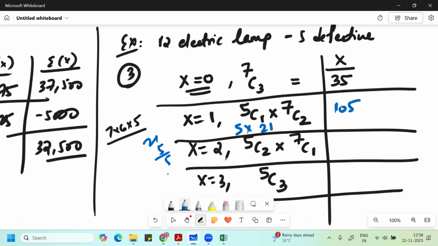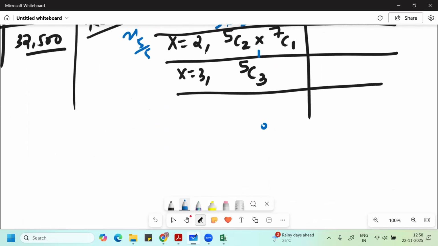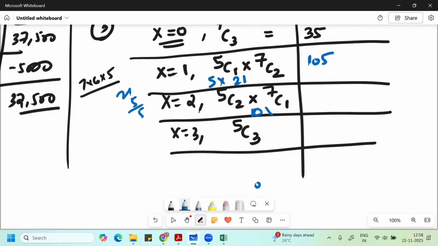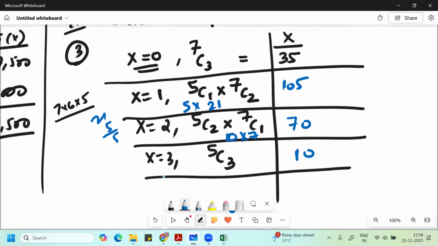Then 5C2 is 10 and 7C1 is 7, so this is 70. 5C3 is 10. So this would be your X value. No, no, this won't be your X value.